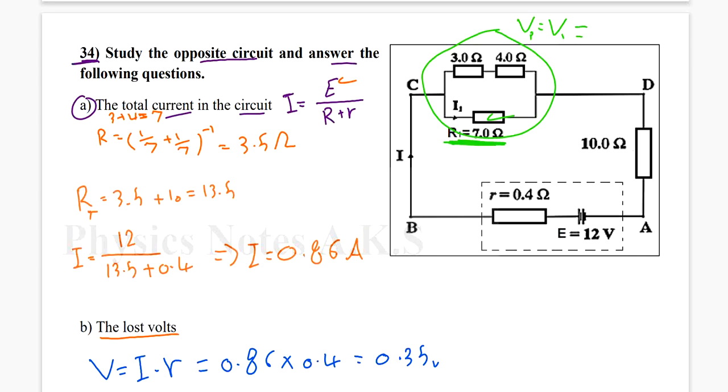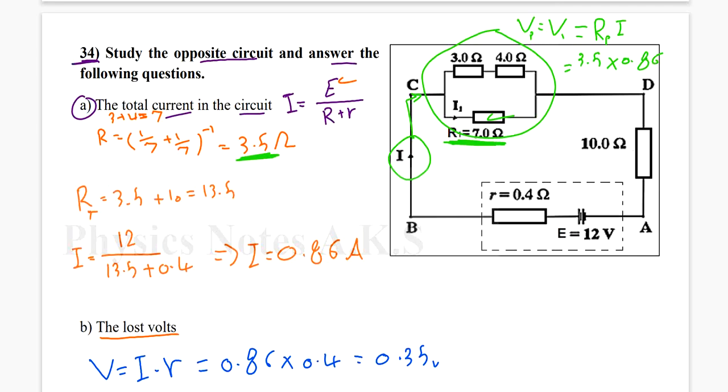It's actually the resistance in parallel, of the whole combination, multiplied by the total current, because the total current, as you can see, goes into the whole parallel combination, right? V equals RP times I. How much is RP? We found it before. It's 3.5. So it's going to be 3.5 multiplied by the current we just found, 0.86.